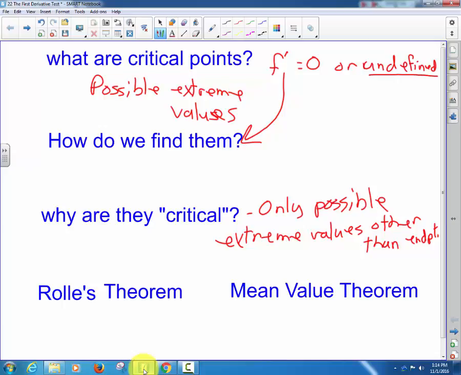Today we're going to define something called relative max and mins. And I want to get to relative max and mins before we review Rolle's theorem and the MVT.